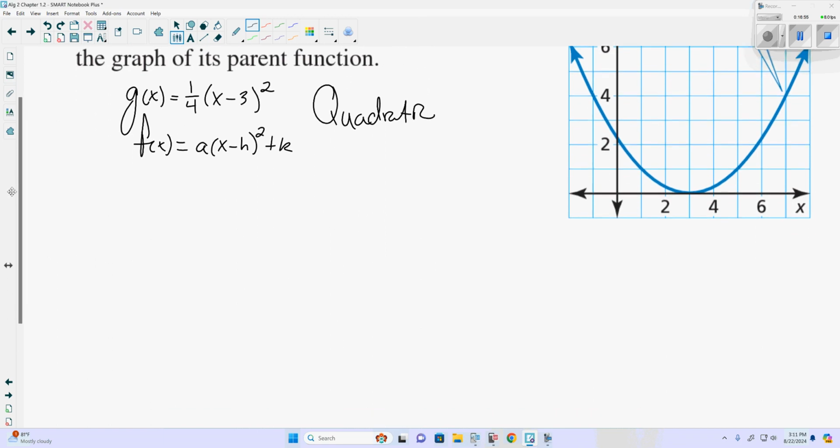Now this one, just like the last one, we do have 2 transformations being applied to it. The one we do not have applied to it is our value of k, the up or down. So there is no up or down movement. But we do have a movement left or right. And the value of h is 3. Now would it be 3 units to the right or 3 units to the left?